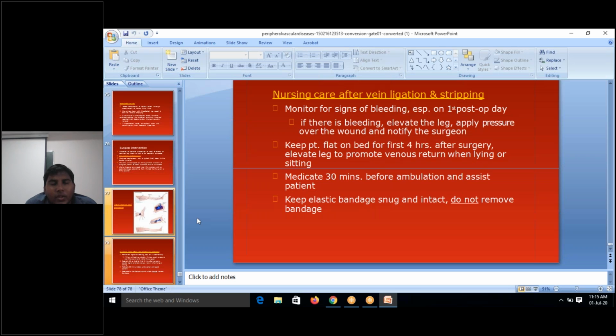The other newer modalities include laser methods such as the Trivex and the ultrasound guided method.